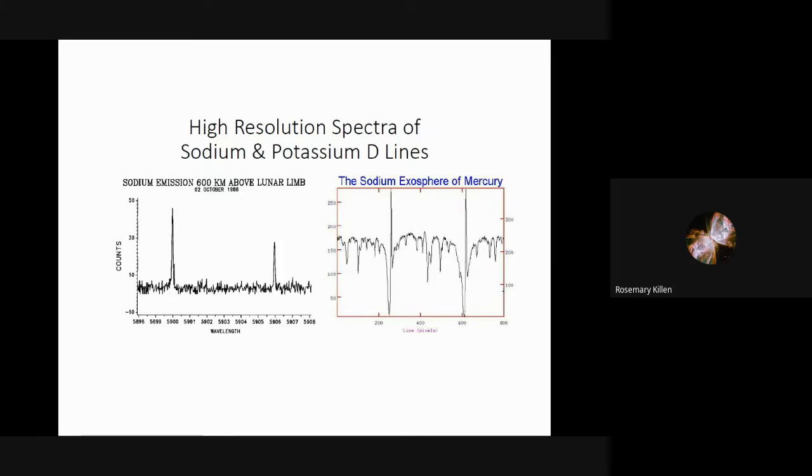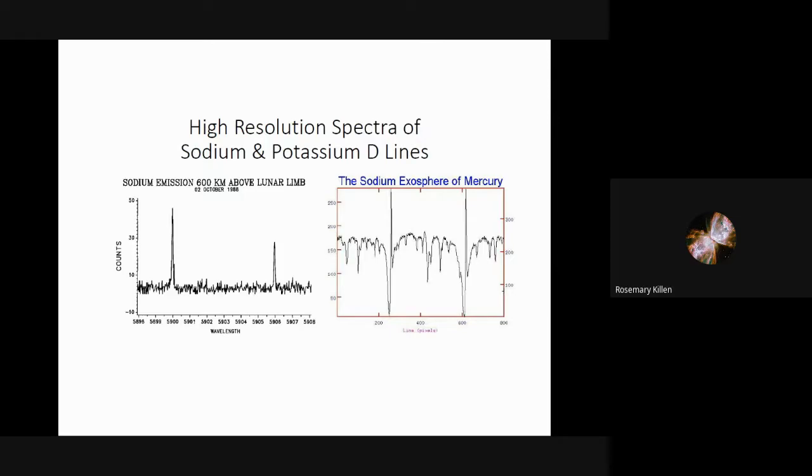So the lunar exosphere is transient, but it's quite different for different elements. I'm going to show how the individual elements behave and what the lifetimes of the particles are, which might be, for instance, photoionization or impact vaporization.